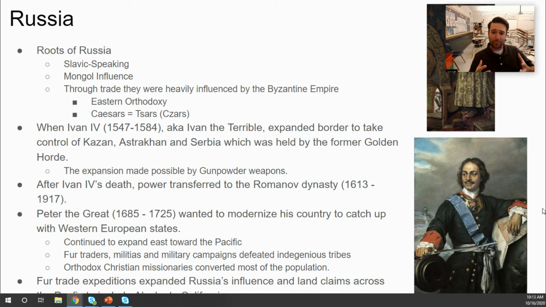And the capital of the Russians, the Kievan Rus as they called them, was in Kiev, which is in modern-day Ukraine. And if you recall, the Mongols arrive and the Kievan Rus decide we're not going to cooperate. And we know what happens to people who don't cooperate with the Mongols oftentimes in history.